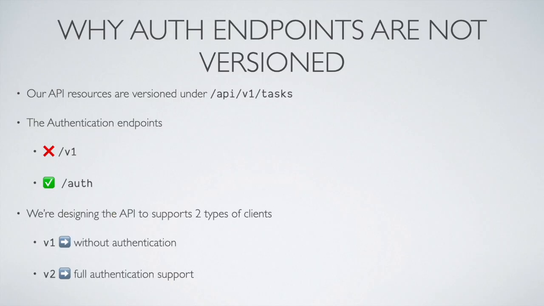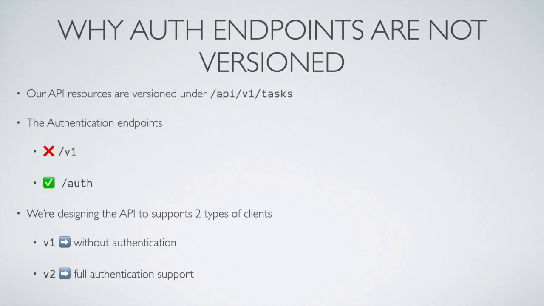In this course, we're designing the API to support two types of clients: one that uses version 1, api/v1/tasks, without authentication, and one that will later use version 2, api/v2/tasks for example, with full authentication support. So if we placed login under v1, it would feel inconsistent because the client would authenticate via v1 login, but then access version 2 of the resources. That would confuse the structure.